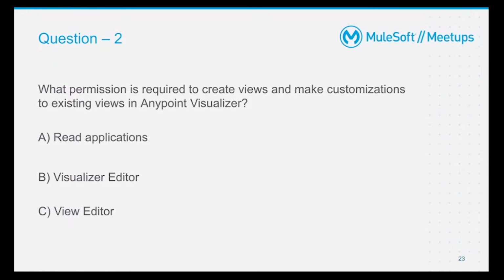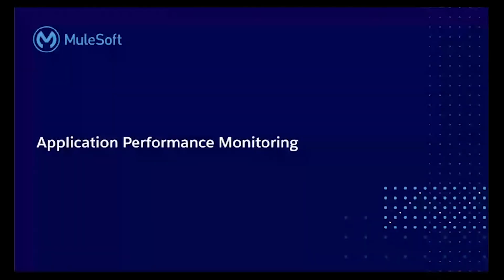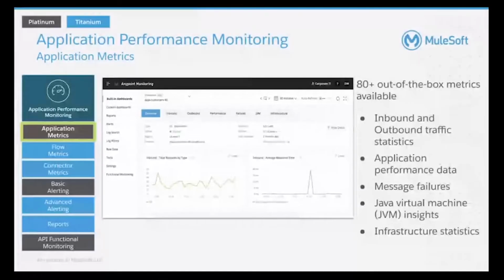Okay. Onward. Let's talk about application performance monitoring. Here you can get application metrics like what is my inbound traffic, what is my outbound traffic statistics, how they look like, and then application performance data, message failures, JVM insights, and infrastructure statistics.